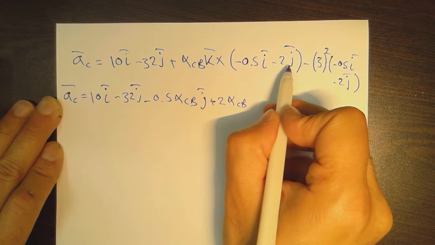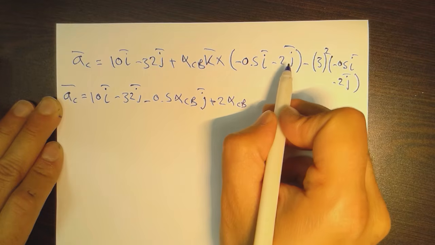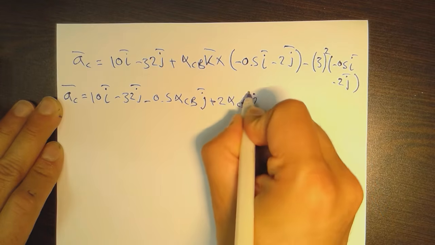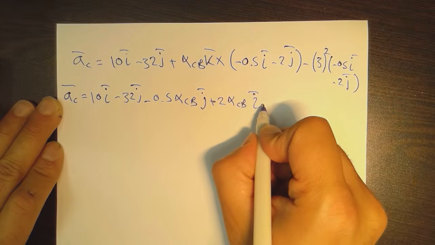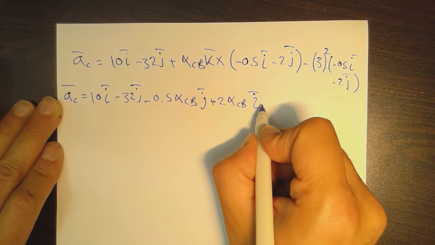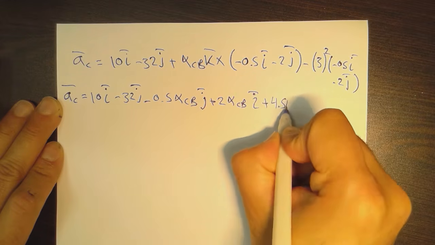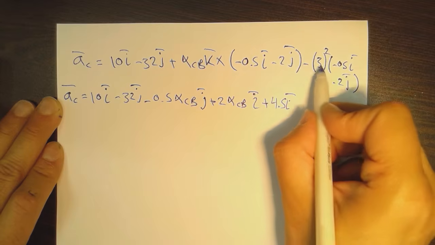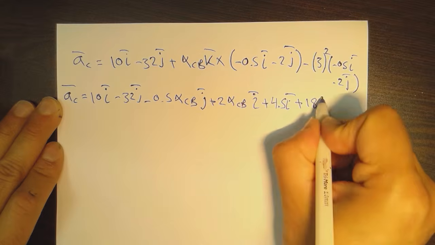K times J is minus I, times minus 2 is going to be equal to I. And this is 9 times 0.5, which is going to be 4.5 I, and minus 9 times minus 2 is going to be plus 18J.